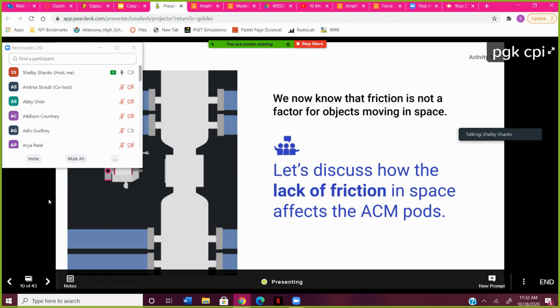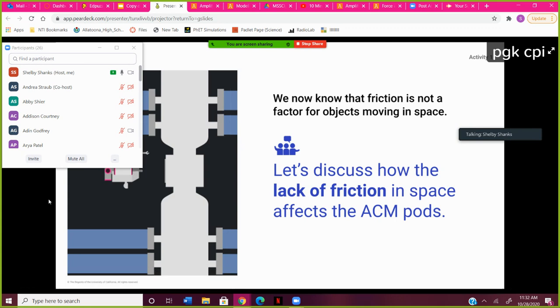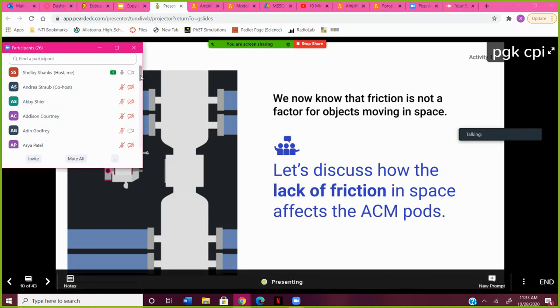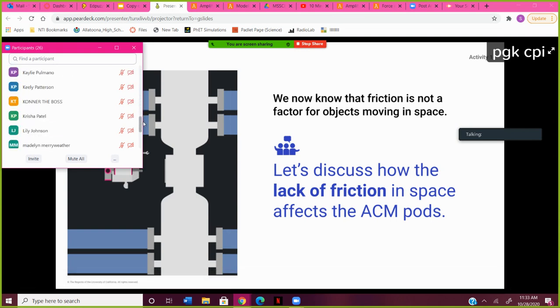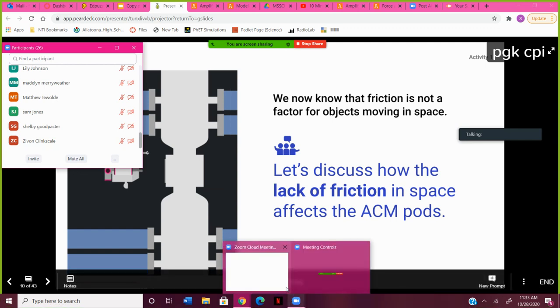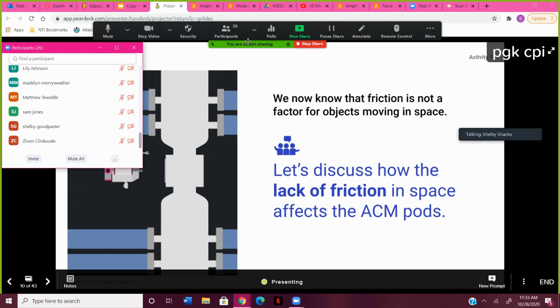All right, so let's talk about this lack of friction. Why do you guys think there's a lack of friction in space? Why do you guys think that there's no matter in space? All right, you can let me know in the chat.